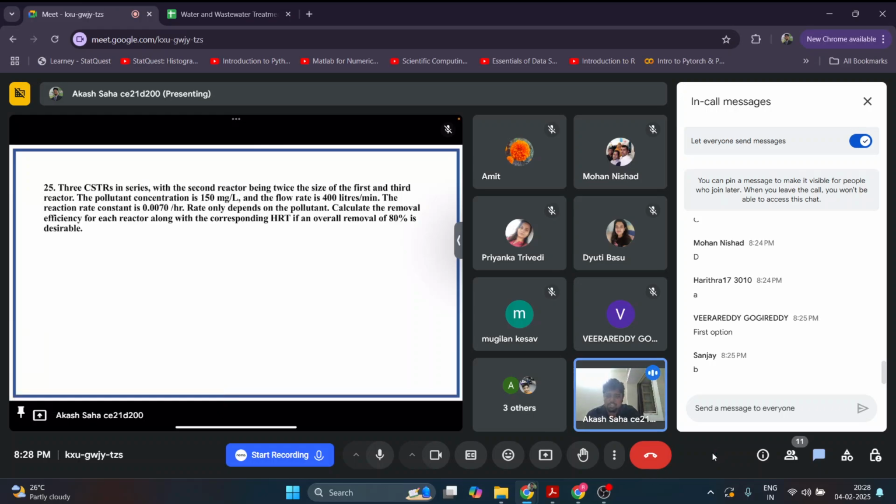Calculate the removal efficiency of each of the reactors along with the corresponding HRT if the overall removal ratio of 80% is desirable. Just take a screenshot of this problem. I will explain what is happening.